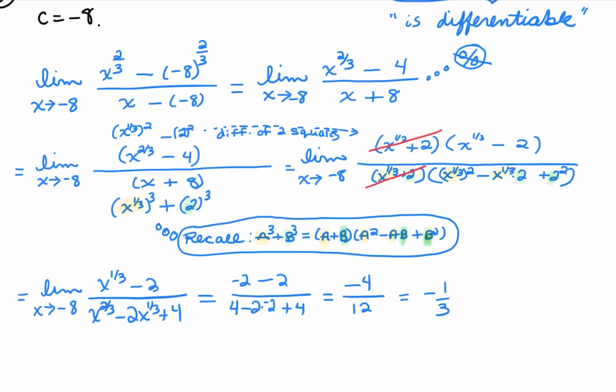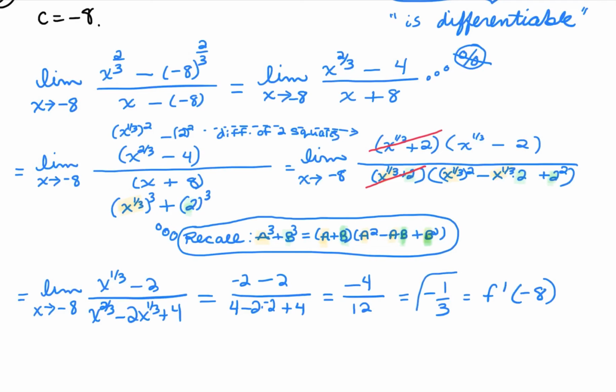So this question was all about, is the function differentiable? I guess I now can actually say yes, it's definitely differentiable. So this is equal to the derivative evaluated at -8.